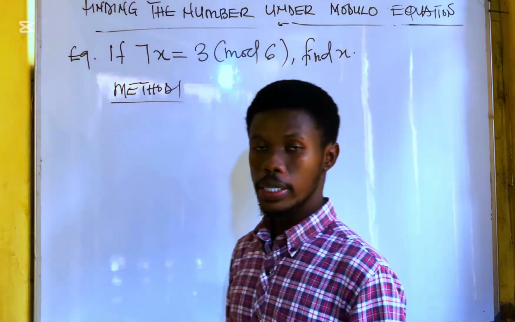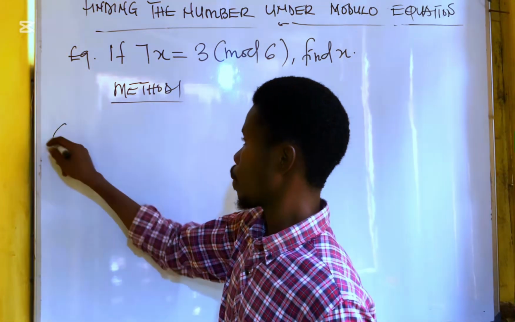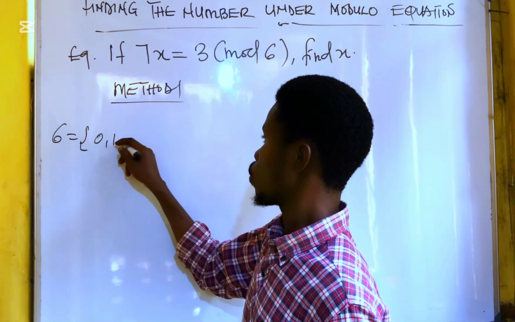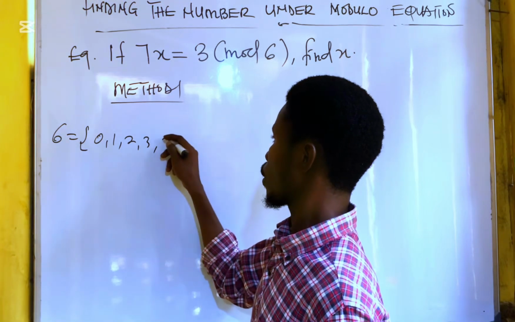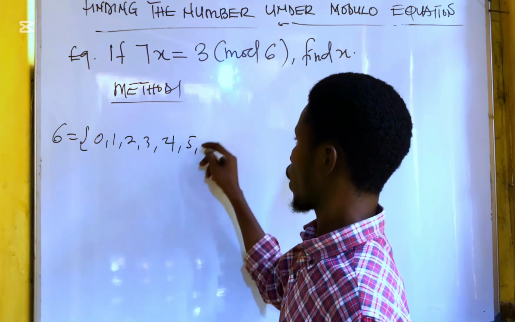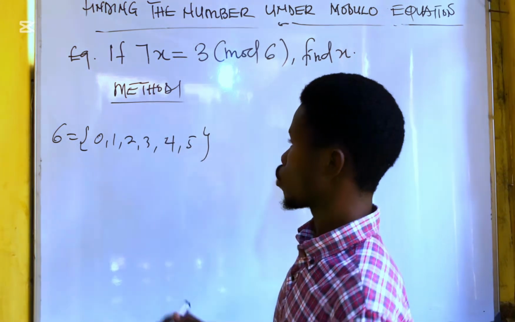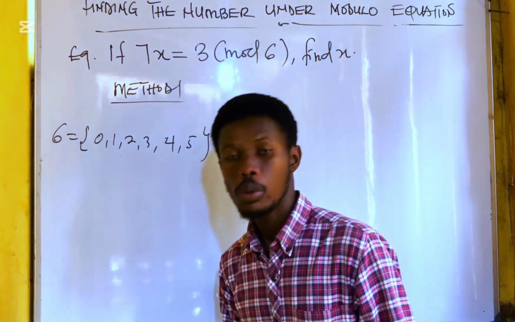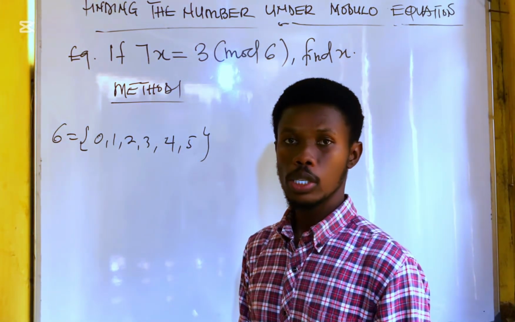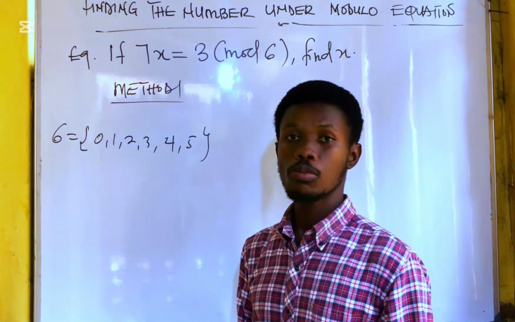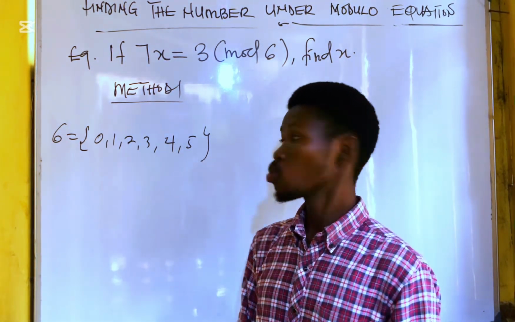So for mod 6, if I'm to list the numbers of mod 6, it will be 0, 1, 2, 3, 4, 5. Mod 6 means you shouldn't get anything that is exactly 6 or greater than 6. So the numbers that will fall under mod 6 will be from 0 up to 5.